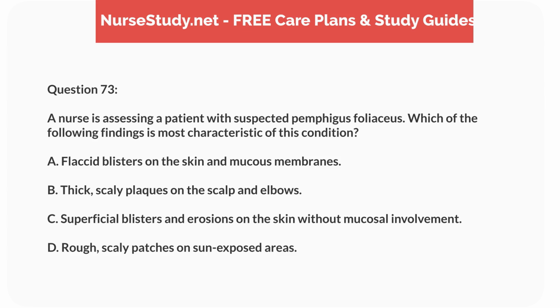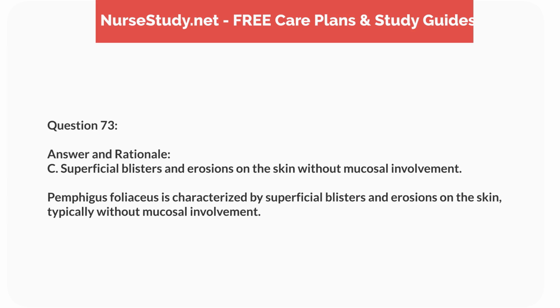C. Superficial blisters and erosions on the skin without mucosal involvement. D. Rough, scaly patches on sun-exposed areas. Answer and rationale. C. Superficial blisters and erosions on the skin without mucosal involvement. Pemphigus foliaceus is characterized by superficial blisters and erosions on the skin, typically without mucosal involvement.